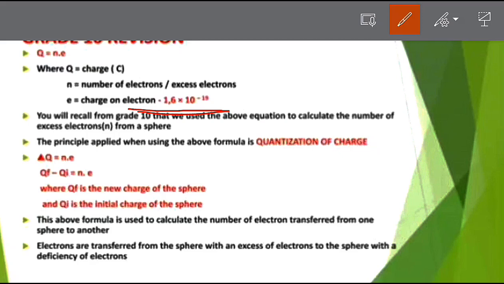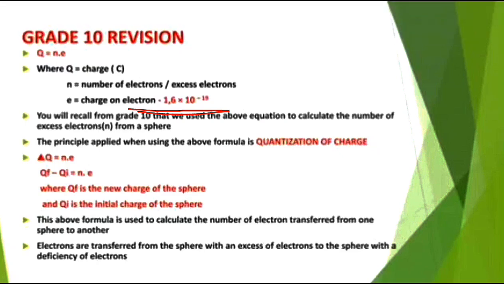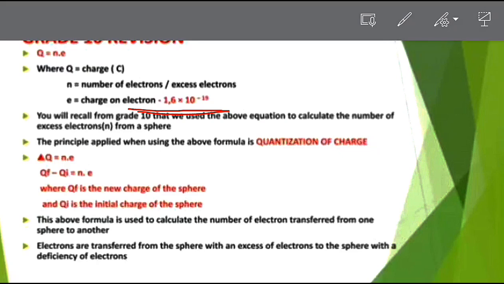Then we also had another formula, which is change in Q equals NE. Quite similar to the other one, but right now we have change in Q, meaning Q final minus Q initial equals the number of electrons times the charge on an electron. So Qf is the new charge of the sphere after it has come into contact.